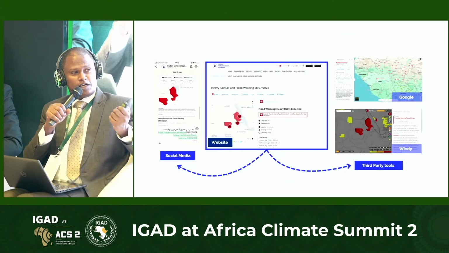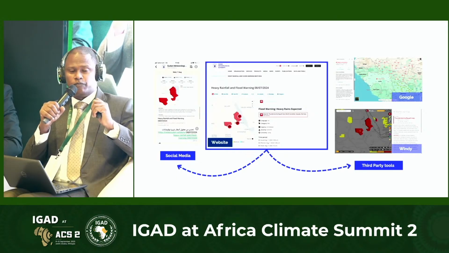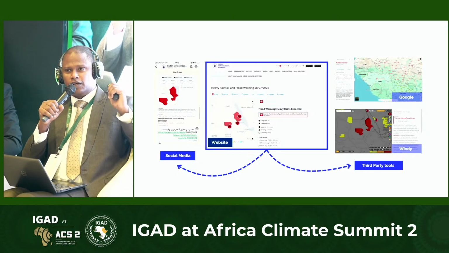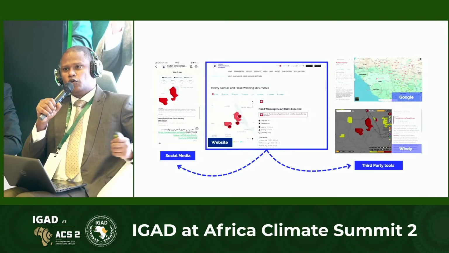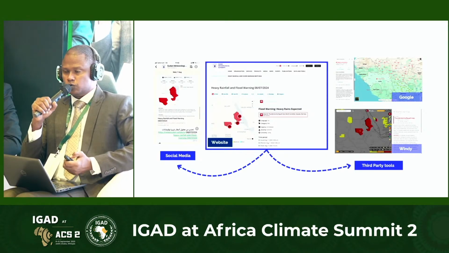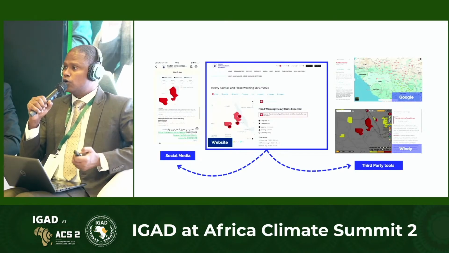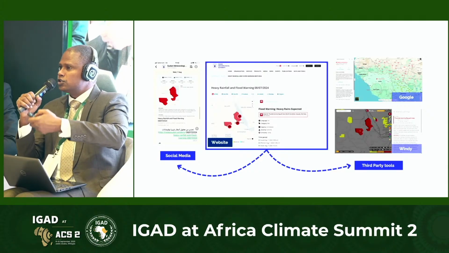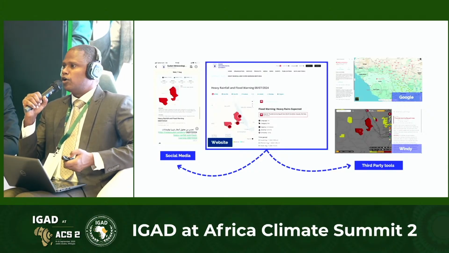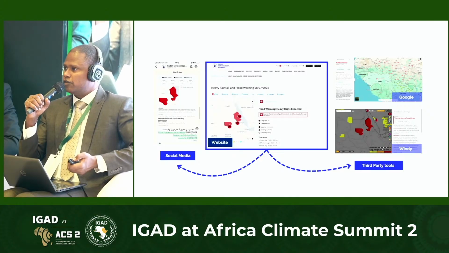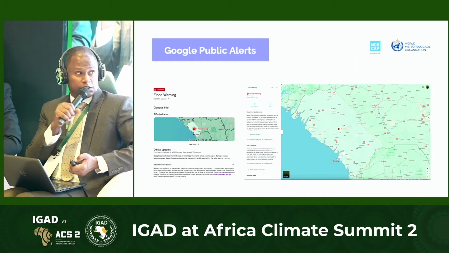And another example here: to the left, they go to social media, and to the right, they go to the global platform that shows warnings, including Google. Now we are onboarding countries on the Google Public Alert platform, so it gives a higher chance for dissemination.